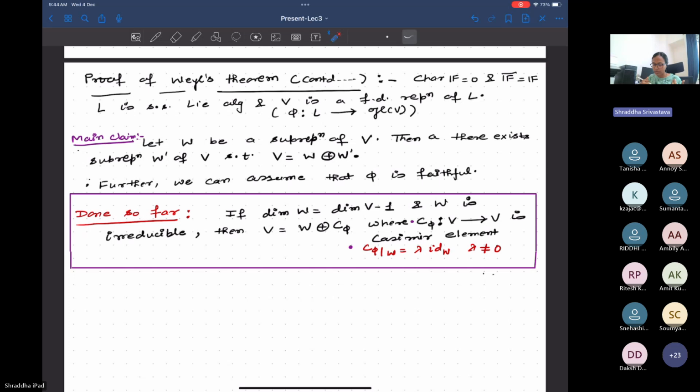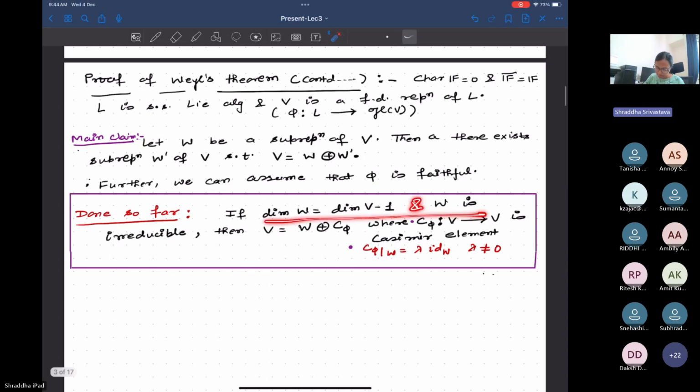That means the dimension of the sub-representation W that we are starting with should be only one less than the dimension of V. In this case, W is irreducible.